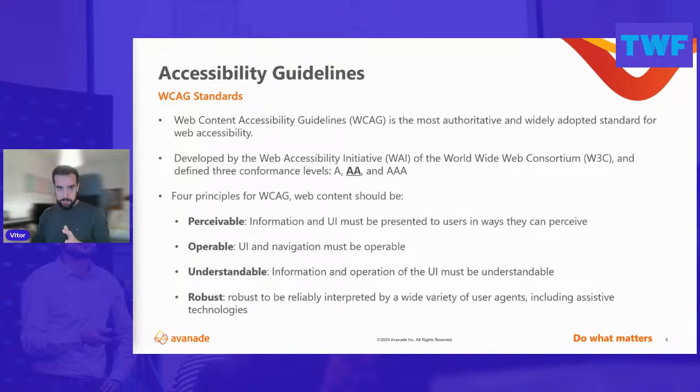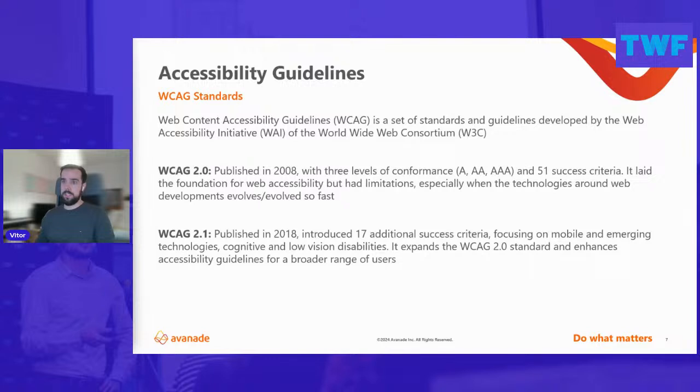We will see some examples further on, so that the UI is understandable to our users. And robust means that there are many assistive tools that help our users navigate through web pages. We don't have just one simple screen reader, for example, or just one simple browser. So that is the way we are going with robustness.